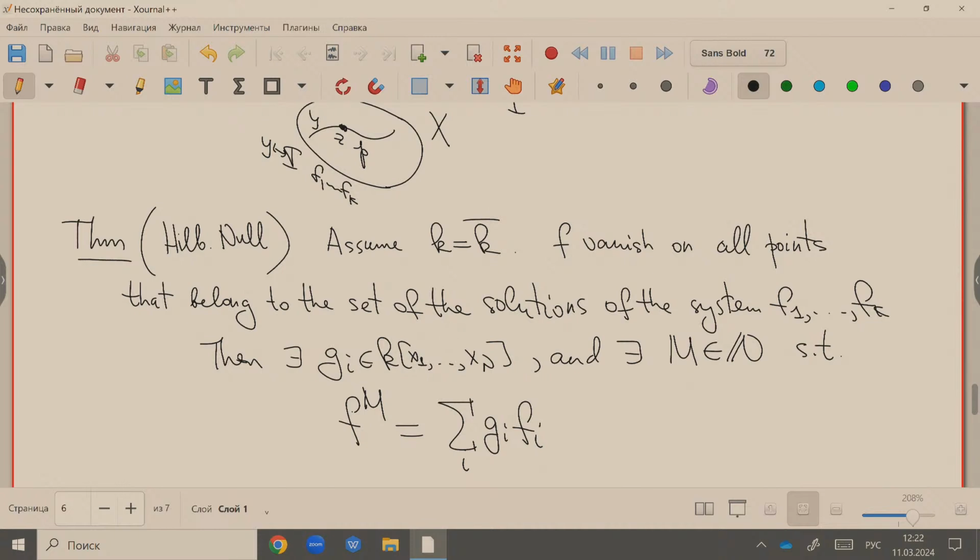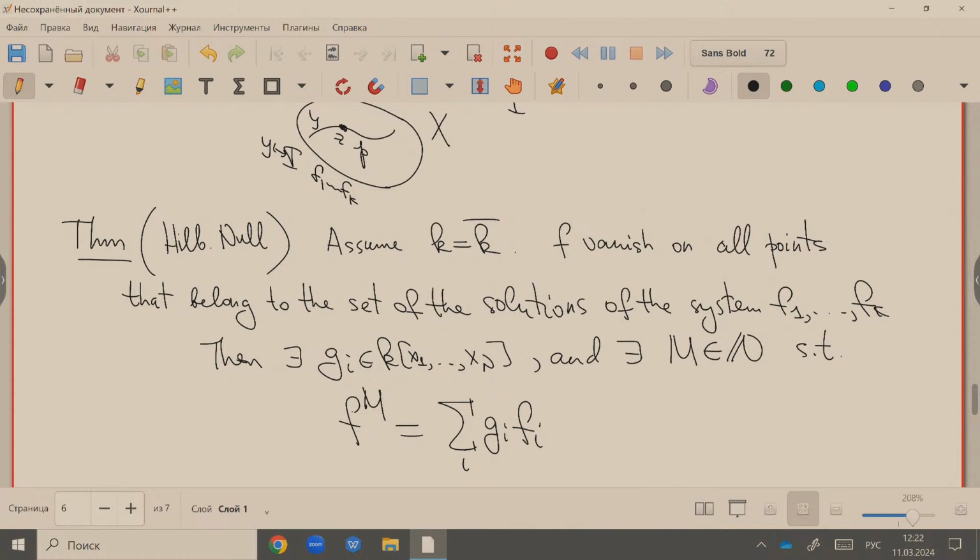But notice that I do not care in this formulation if M is 0 or not, because if F vanishes on the set of solutions of this system, then you cannot substitute M equal to 0, because you would have 1 equal to 0.